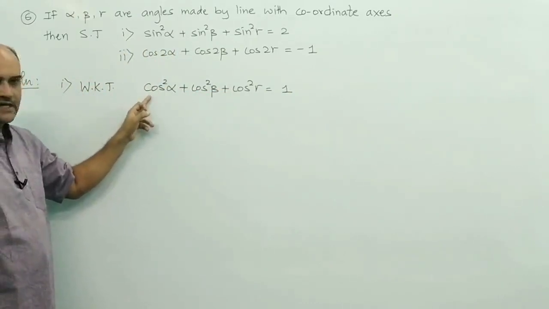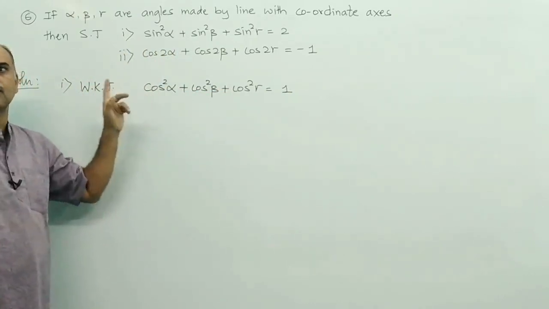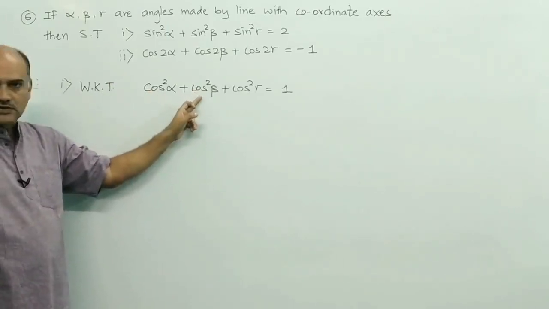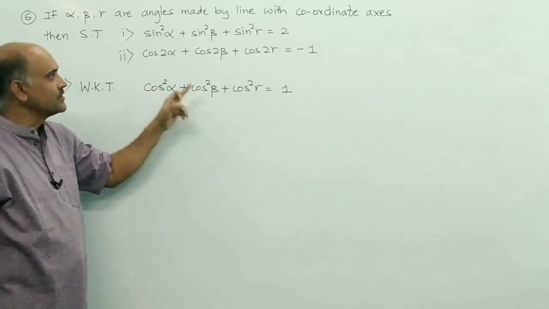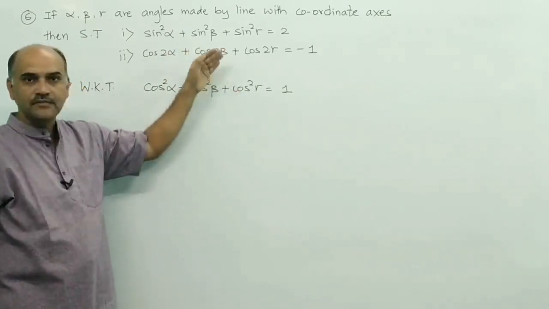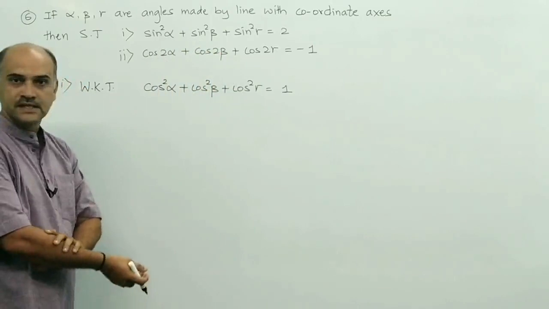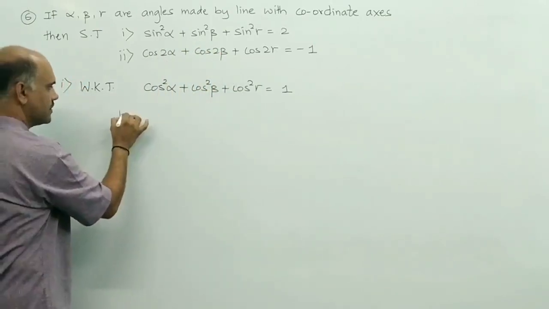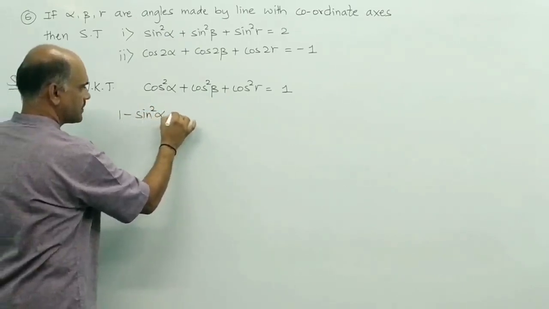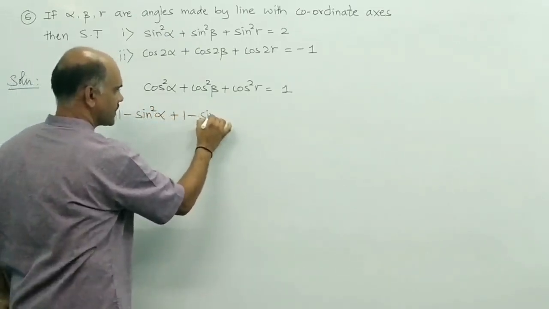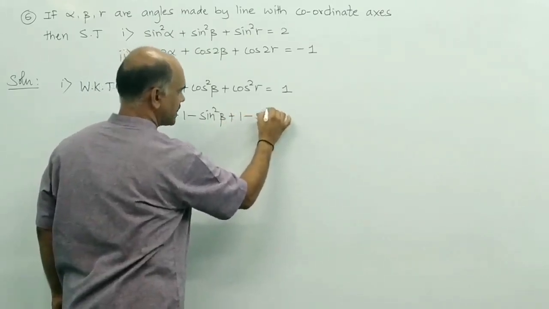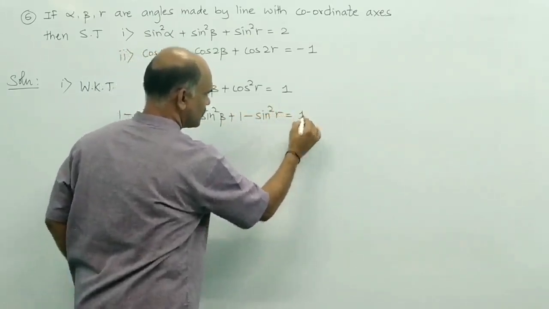So cos square alpha I can write as 1 minus sin square alpha. Similarly, cos square beta can be written as 1 minus sin square beta, and cos square gamma can be written as 1 minus sin square gamma. So you will have 1 minus sin square alpha plus 1 minus sin square beta plus 1 minus sin square gamma is equal to 1.